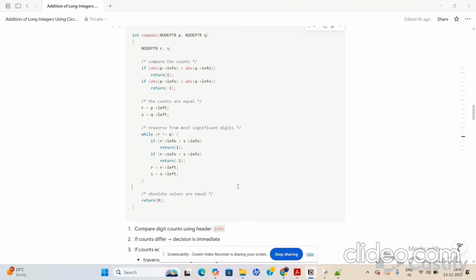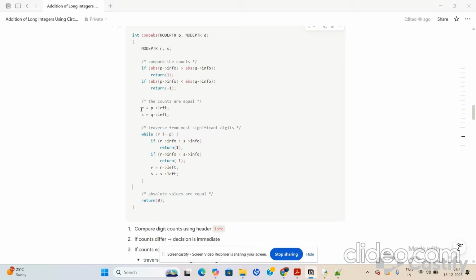So we start comparing the most significant digits of number 1 with the most significant digits of number 2. That's why we have used two pointers, pointer R and pointer S. Pointer R points to the digits of number 1 and pointer S points to the digits of number 2.